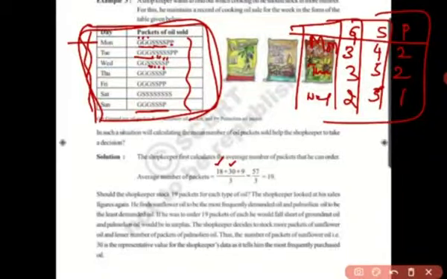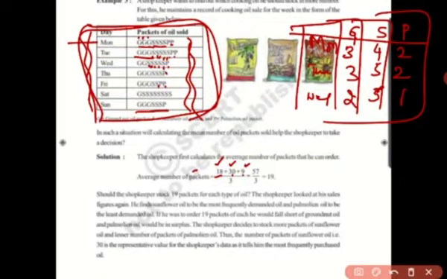And 9 palm oil packets are sold: 1, 2, 3, 4, 5, 6, 7, 8, 9. So 9 packets of palm oil are sold overall in this week. Groundnut oil packets sold were 18, sunflower 30, and palm oil 9.